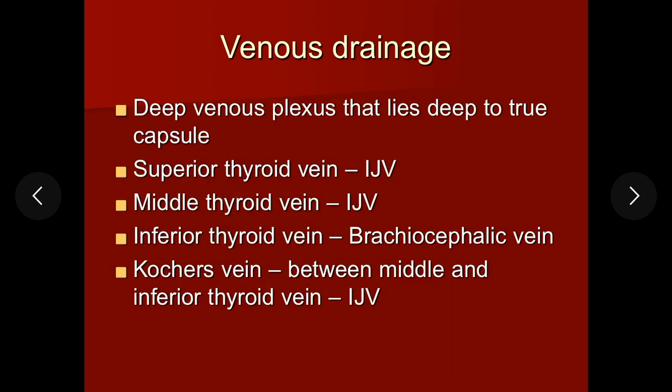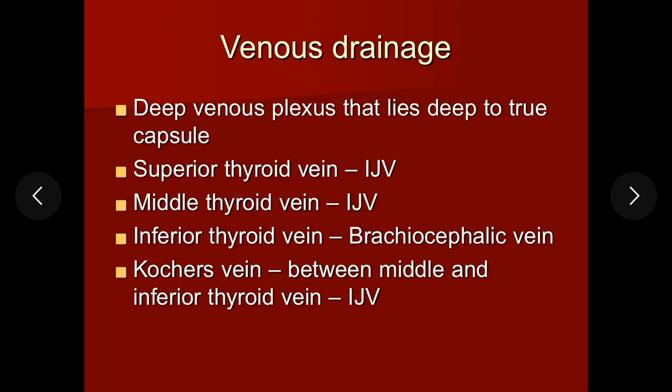Just beneath the true capsule, you find the deep venous plexus draining into veins. Three sets of veins usually: the superior thyroid vein, the middle thyroid vein and the inferior thyroid vein. Superior and middle thyroid veins will drain into the internal jugular vein, and the inferior thyroid vein will drain into the brachiocephalic vein. Fine.